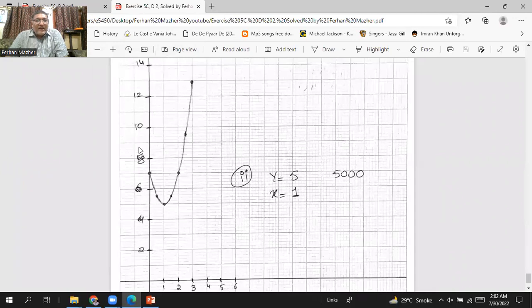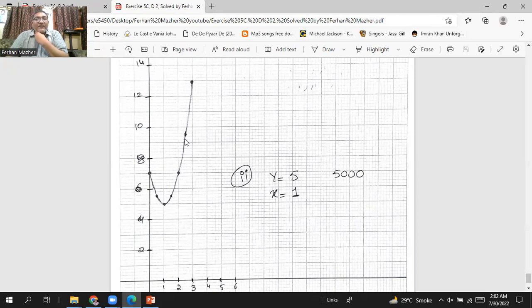At 0 you have value 7. At 0.5 you have 5.5. At 1, your value is 5. At 2, your value is 5.5. At 2.5, your value is 7.